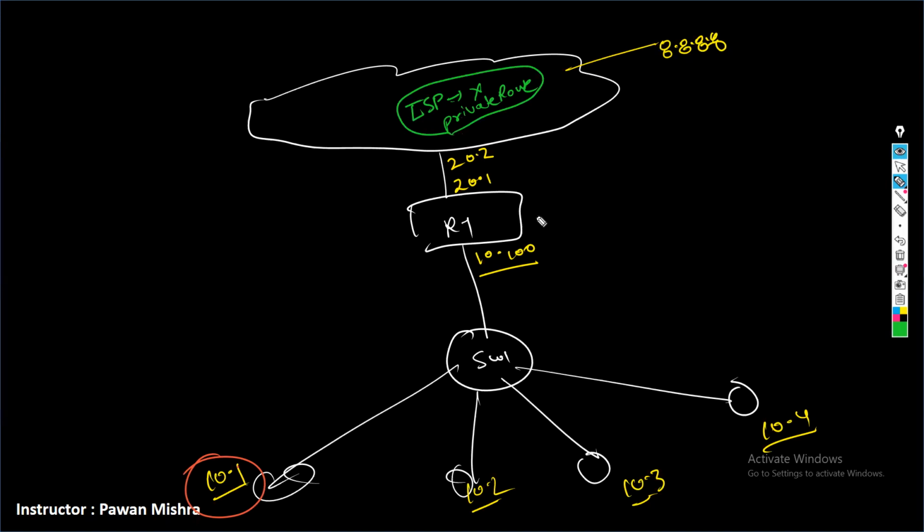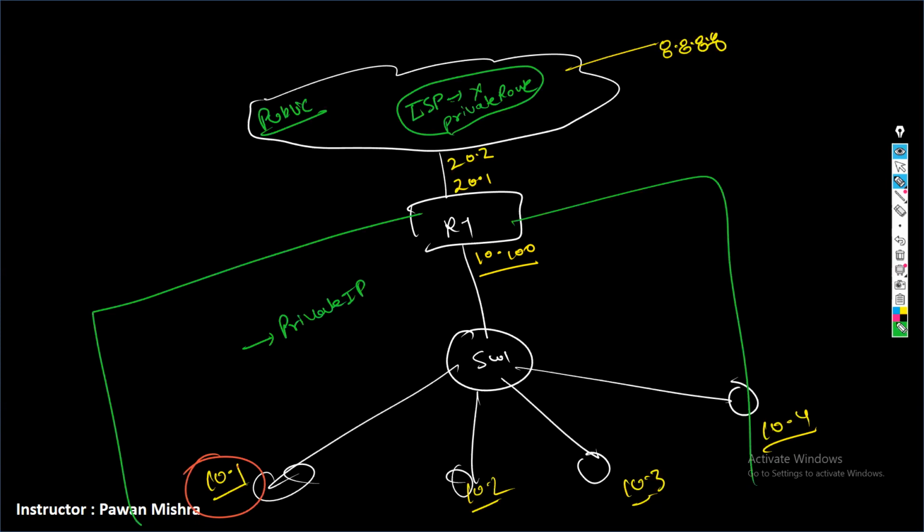Only in our local network are we seeing the private IP. Here, because this is a LAN, we are using private IP, and here we are using public IP. Right? So the thing is what?